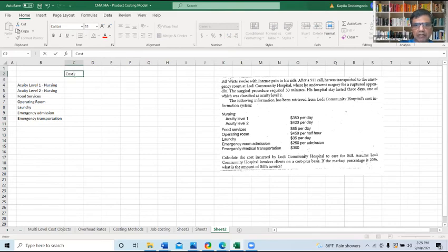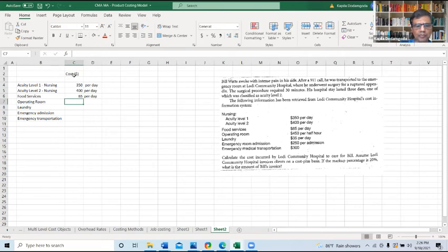What is it? Acuity level 1 nursing will be costing 350 per day. Acuity level 2 nursing is costing us 400 per day. Food services costing 65 per day.